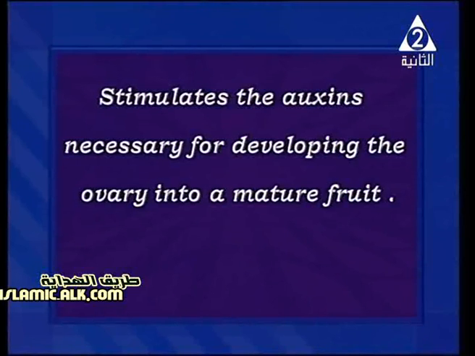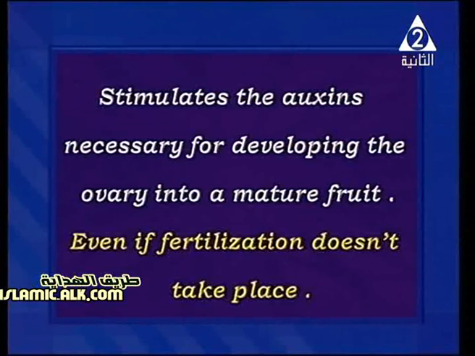If there is no pollination, there is no stimulation for auxins, and there is no fruit formation, even if the fertilization doesn't take place. Remember that if the pollination happens, the fruit may be formed even if no fertilization happens. And this is one of the greatest pieces of information here.